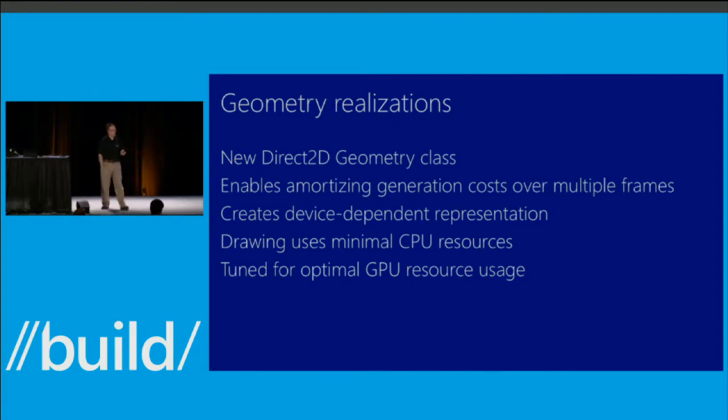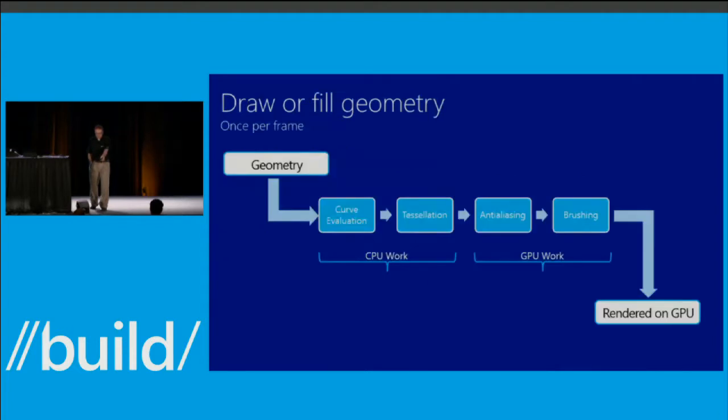So what does this look like? In typical 2D geometry drawing, whether you're drawing, meaning the outlines, or filling, meaning filling with a brush, the first CPU work we do is curve evaluation.